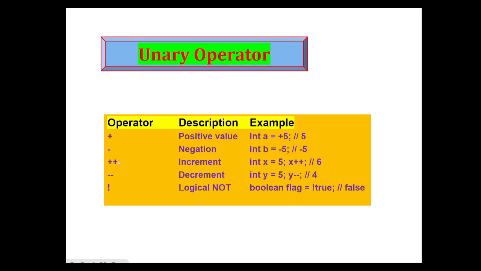We can use these unary operators, and this is the description and an example for each one. Basically this is the increment sign, this is the decrement sign, and this is the logical NOT. All these are unary operators, which operate on a single operand.